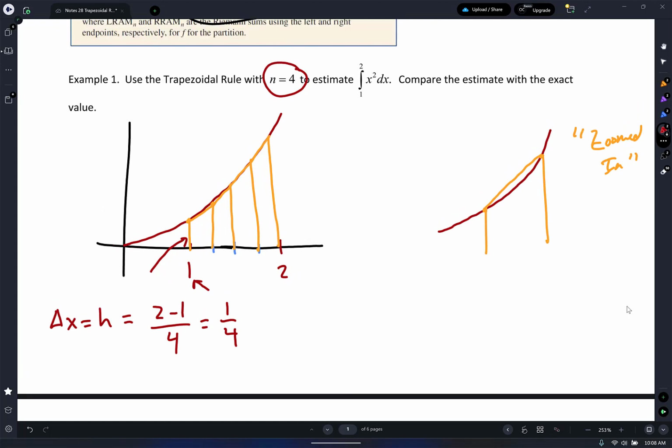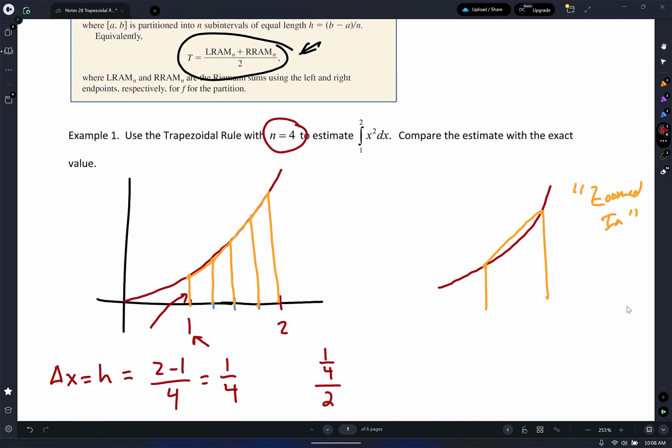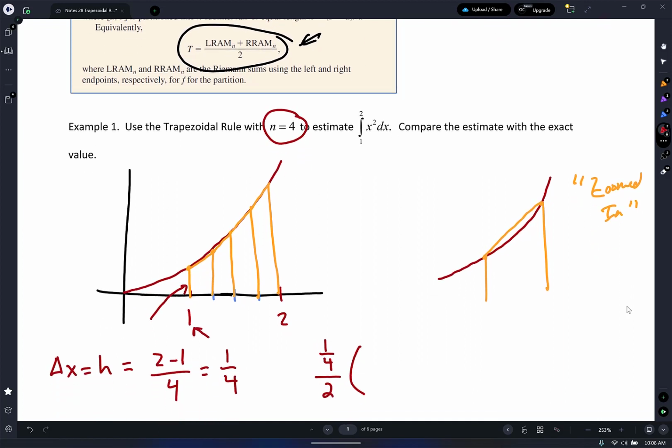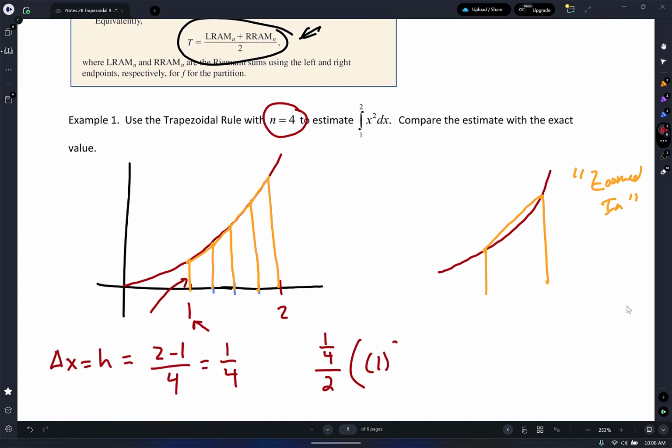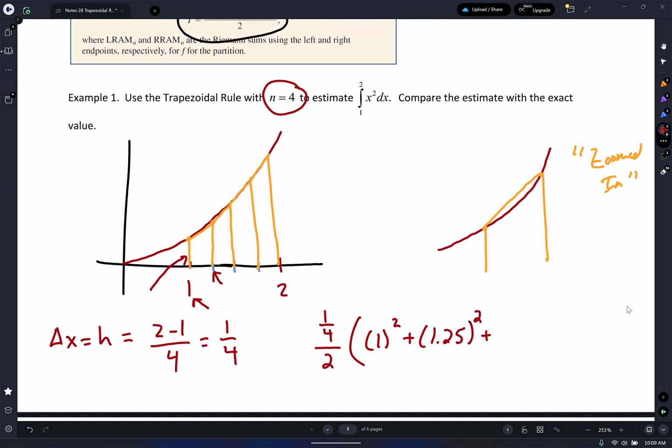Okay. So I'm going to go 1/4 divided by 2, open parenthesis, and my first y value is 1 squared, plus my next y value is 1.25, and what do I do with that? Square it, because it's y equals x squared. Plus, oh, I'm forgetting something.